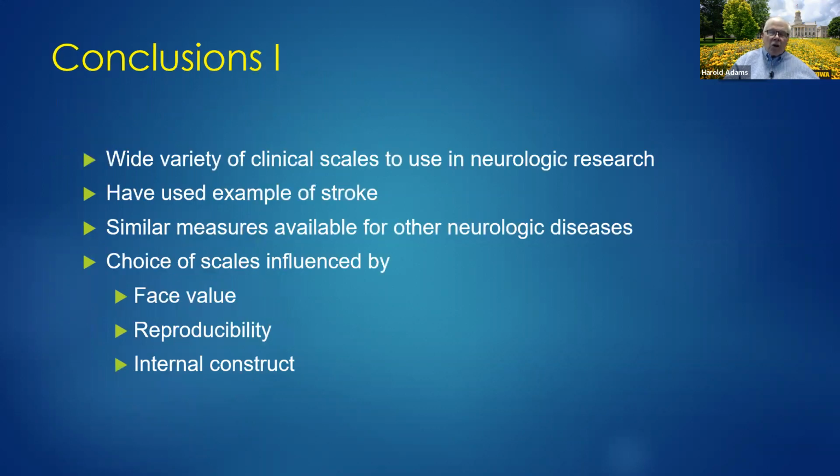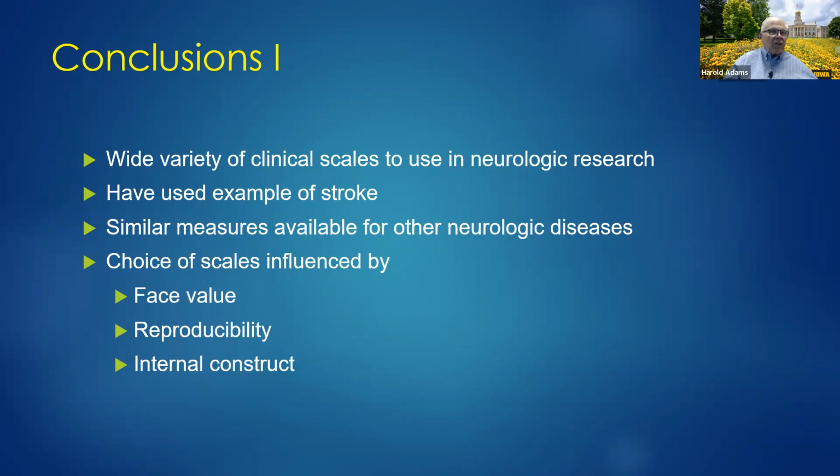So there are a wide variety of clinical scales used in neurologic research. Most of the examples I've given today are related to stroke, but just remember that there are a lot of measures available for patients with other neurologic diseases.